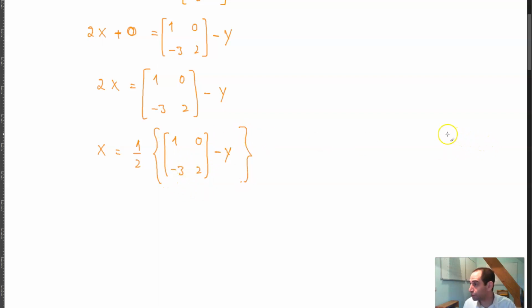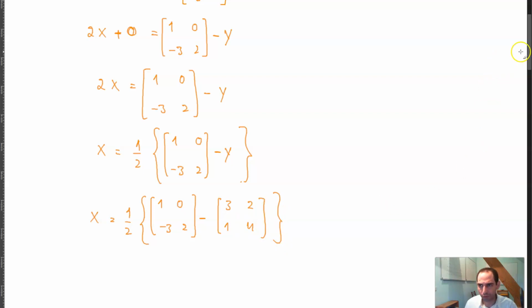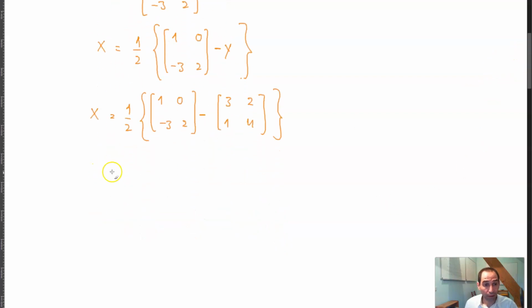We said that y is equal to 3 2 1 4, so x is equal to 1/2 times 10 negative 3 2 minus 3 2 1 4, which is equal to 1/2 times 1 minus 3.